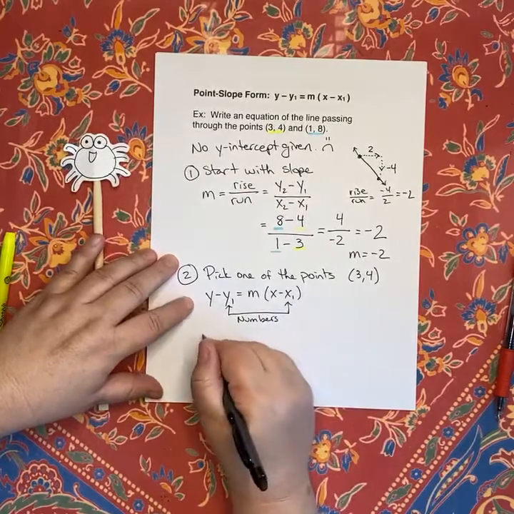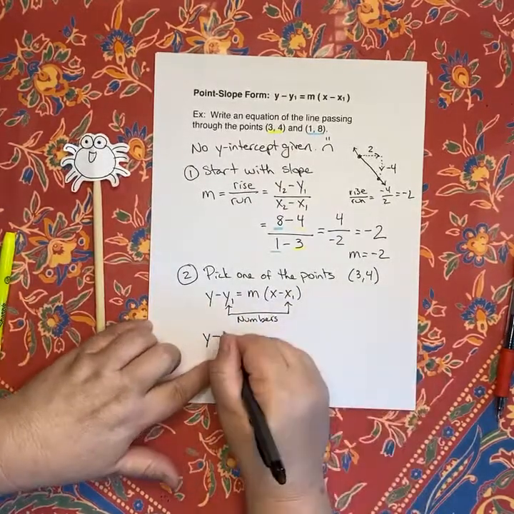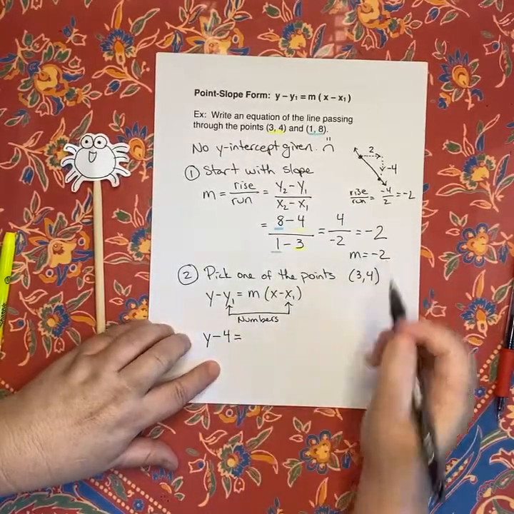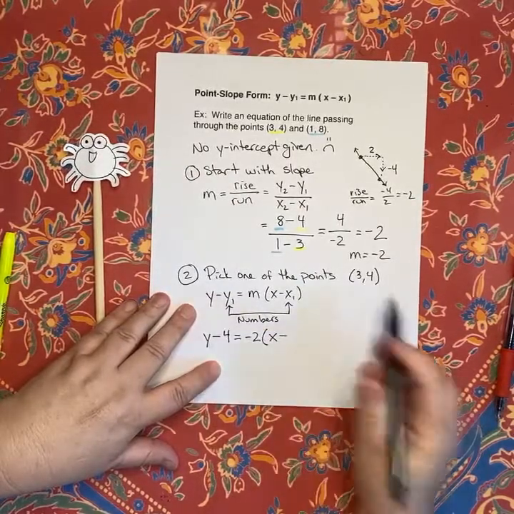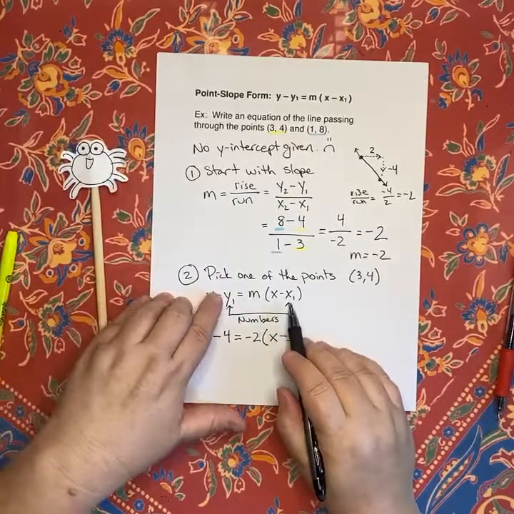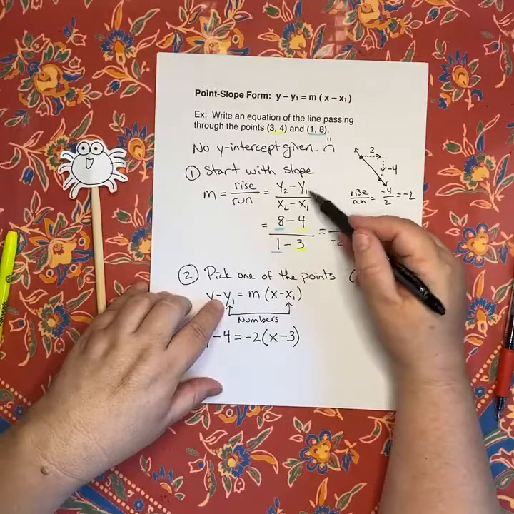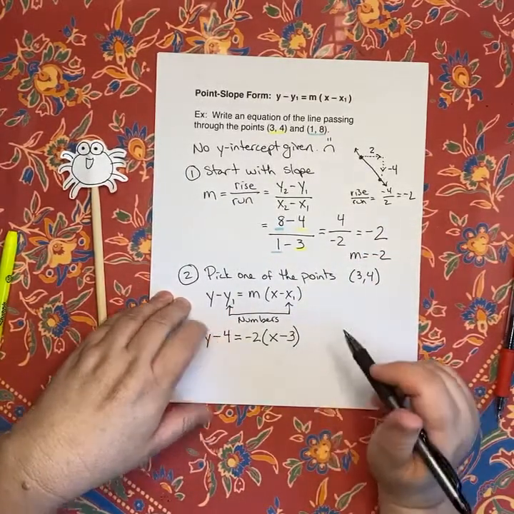Well, when I use this formula, I get y minus, and here's my 4, and then equals, slope is -2, x minus, and then 3. Now, some people are going to look at this and go, oh, well, x1 and y1 are because 3 and 4 were your x1 and y1 here. Yes, but you could use 1 and 8 here just as easily.